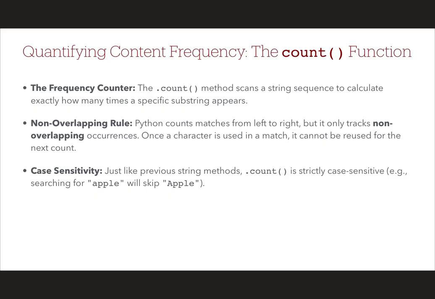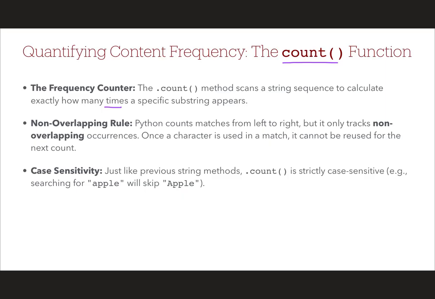And then we have a count function. As the name says, it is very intuitive. The count function will scan a character string to calculate exactly how many times a specific substring appears.